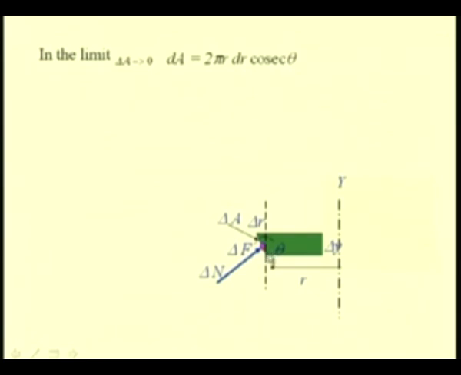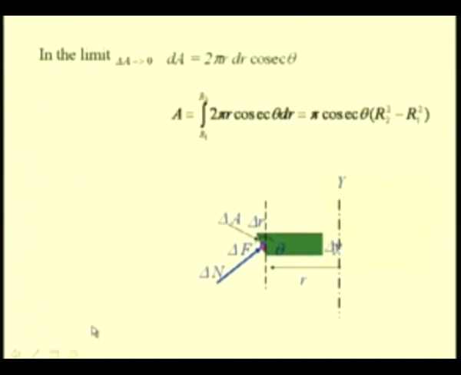This is found by computing the area swept by this line when it is moved along the circumference, that is 2 pi r distance, and this length is equal to dr cosecant theta, where dr is the change in the radius for a change in the vertical distance delta y.